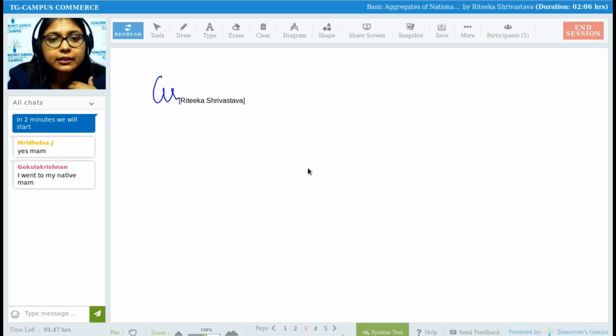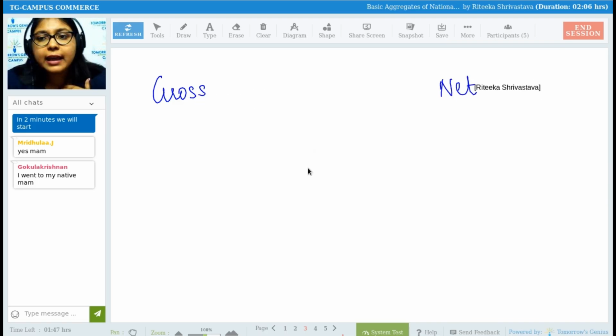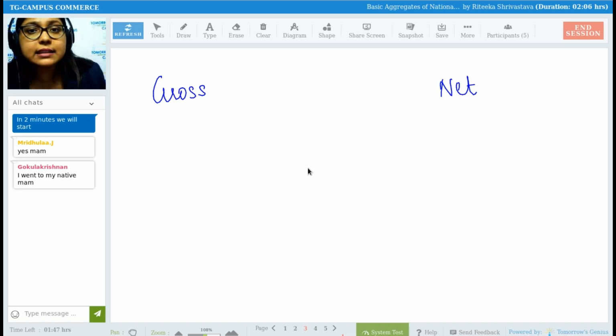Gross and net. I hope I am clear with this term because in the last class also we have seen this terminology of gross and net, wherein I said gross is the actual value of goods and services, whereas net means after doing all the deductions, the total value left in our hand is called net.